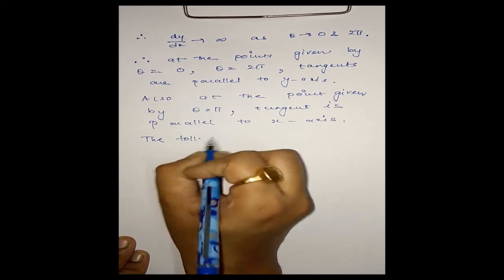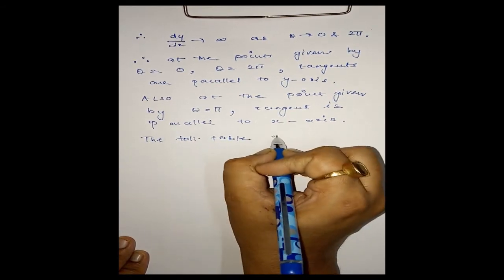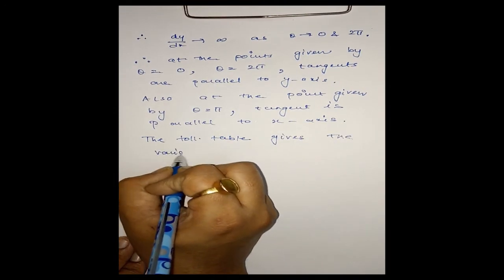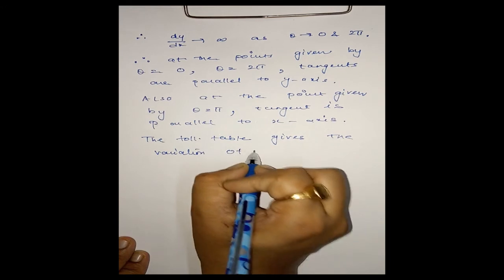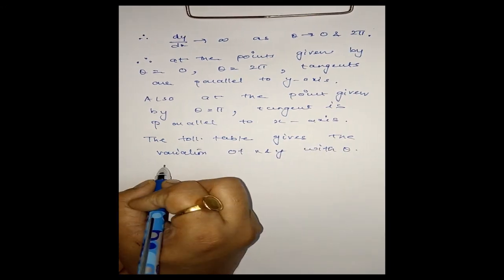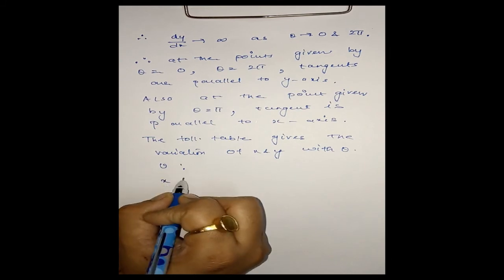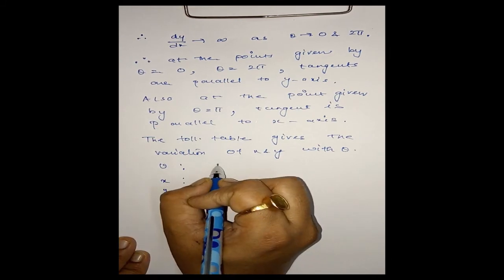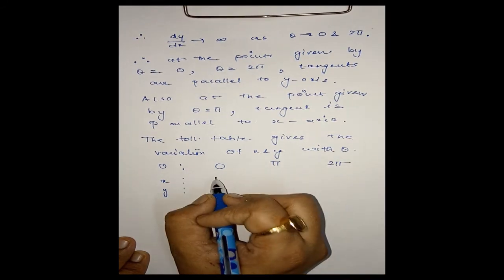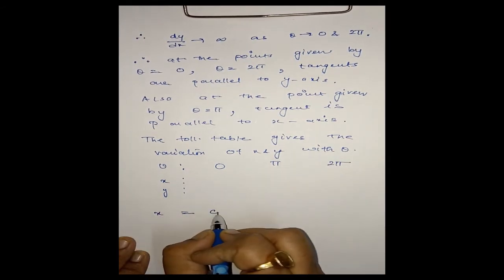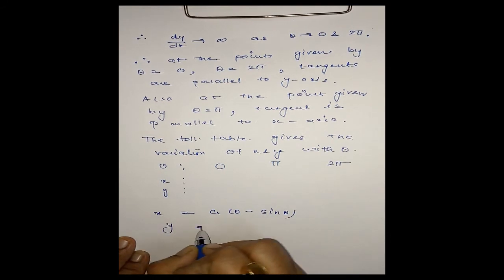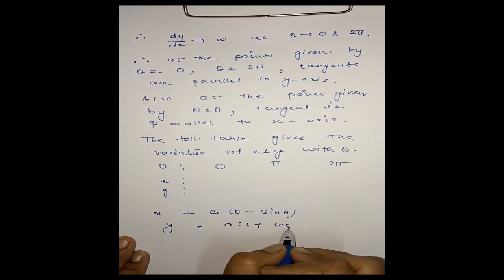The following table gives the variation of x and y with theta: 0, pi, 2 pi. Now my x is a theta minus sine theta and y is a 1 plus cos theta.